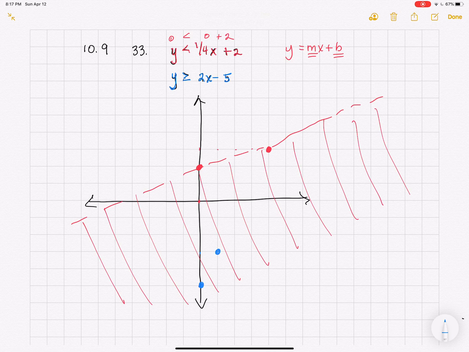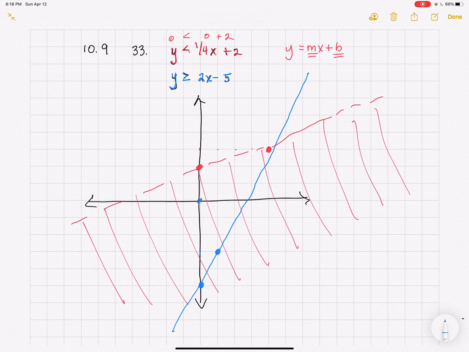Now this line is going to be solid because it's or equal to, so that line is included. So I've got this solid line going up there. Then I'm going to pick my point 0, 0 again because it's not on the line, so it's always going to be my go-to test point. When I plug in 0 for x and 0 for y in that second inequality, I get 0 is greater than or equal to -5.